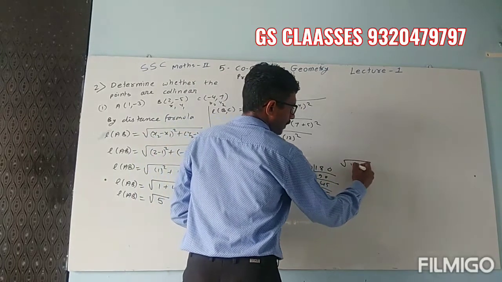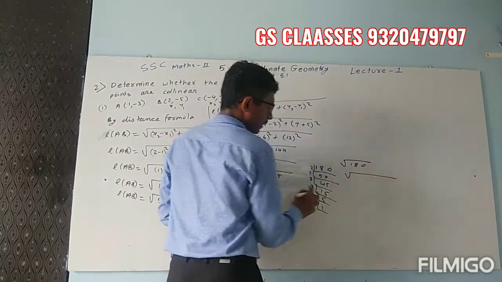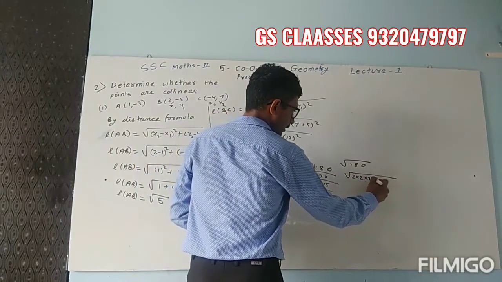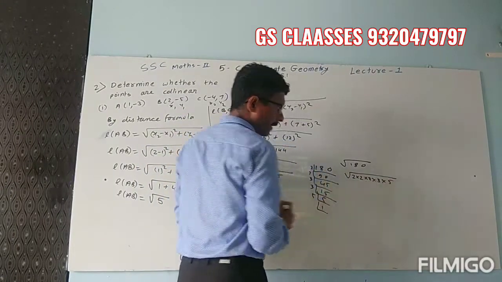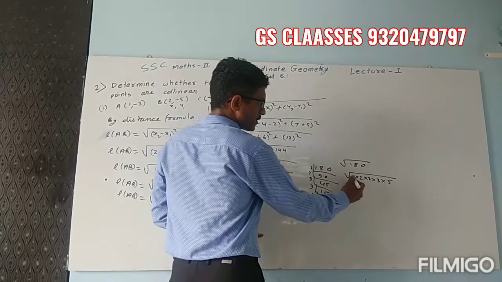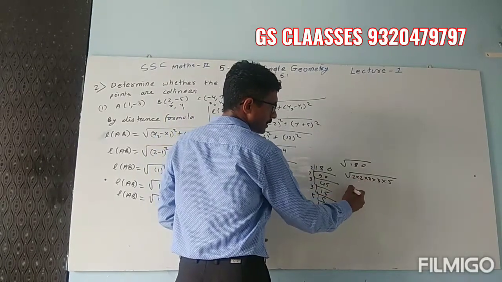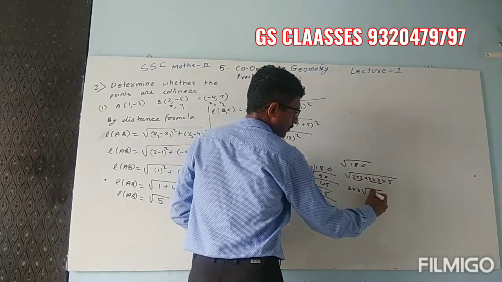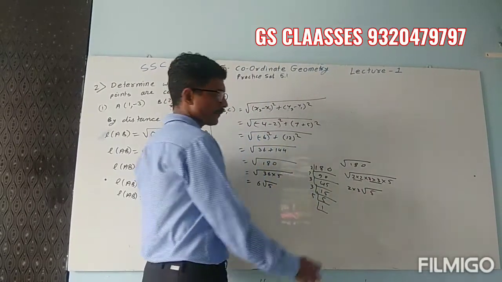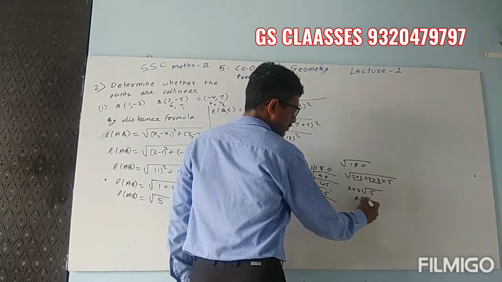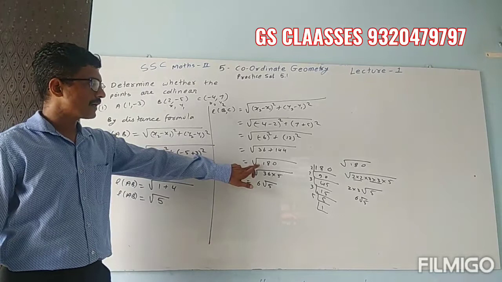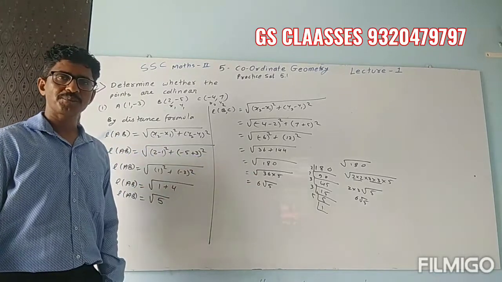Now under root 180, I can also write as 2 into 2, 3 into 3 into 5. Out of this one pair, 2 into 2, these 2 will come out. Out of this pair, 1, 3 will also come out. Inside 5 will remain. 2 into 3 will become 6 root 5. So this way you can simplify a bigger number in this form.